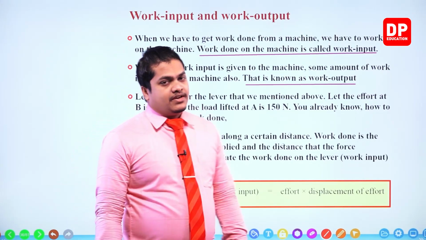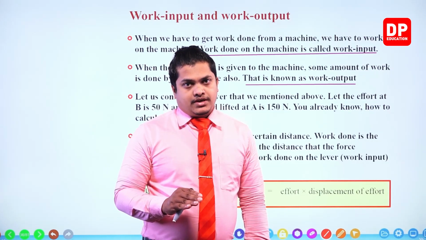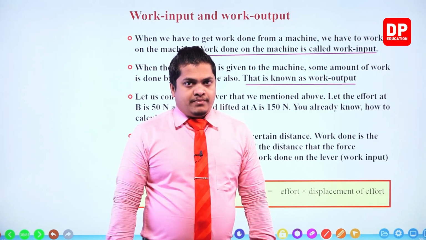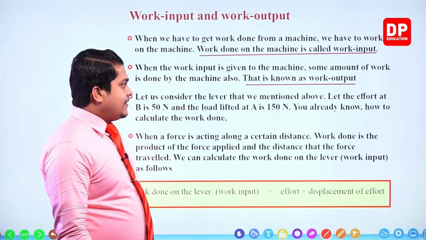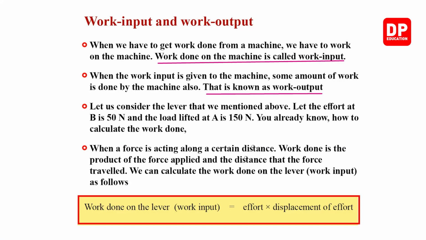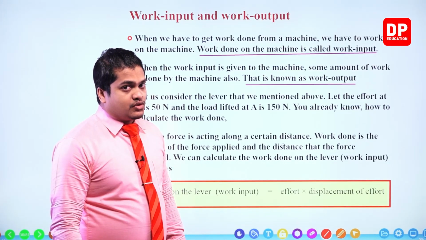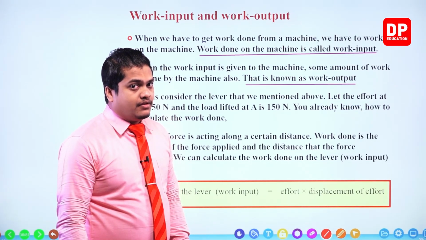So like I said, my dear children, during my explanation I told you how to measure the work done. So the work input can be simply measured like this. Here we imagine that 50 Newton is the effort being applied and the load lifted at A is equal to 150. So by applying 50 Newton of effort, we are lifting 150 of load.